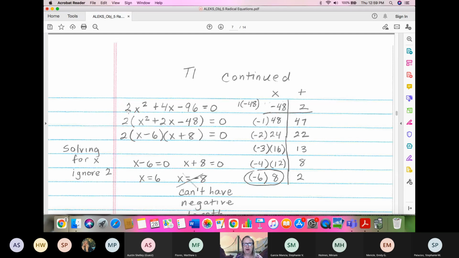If we take this 2 out, we're just left with an x squared inside. 4 divided by 2 is 2x, minus 96 divided by 2 is 48. So we get this equals 0.